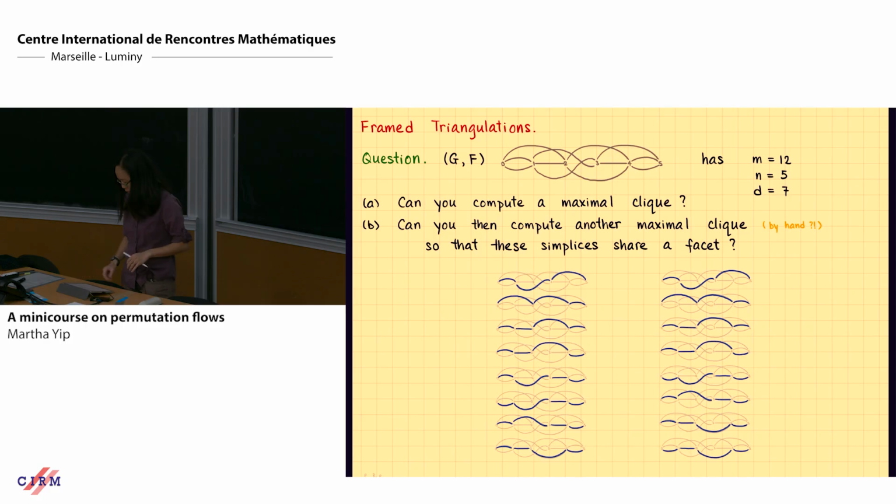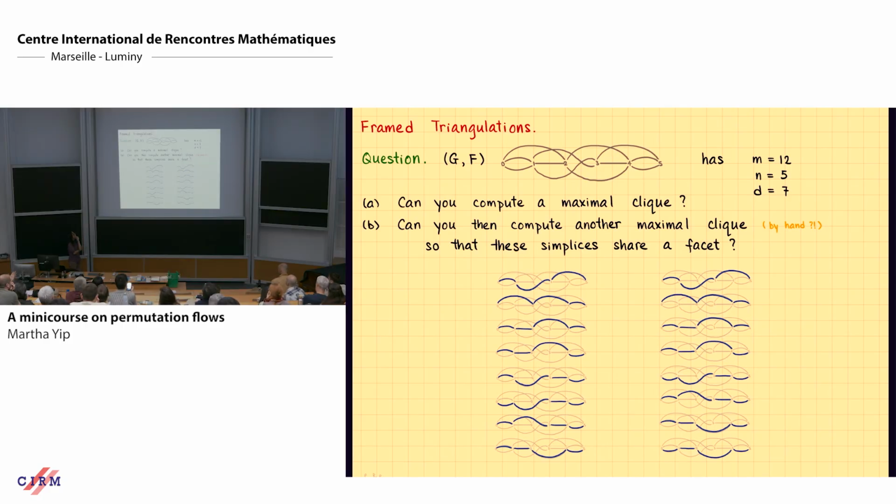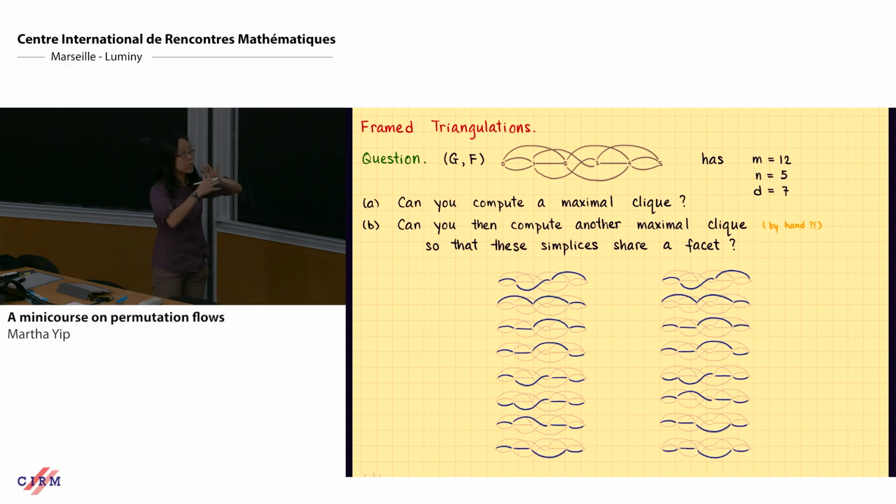But here's one answer. And one of my goals today is to show you a gadget that will let you do this quickly by hand. Eventually, you will be able to come up with this within a minute, just by hand. And I claim that you will be able to, if you had enough time, generate all the maximal cliques of any graph you like by hand.